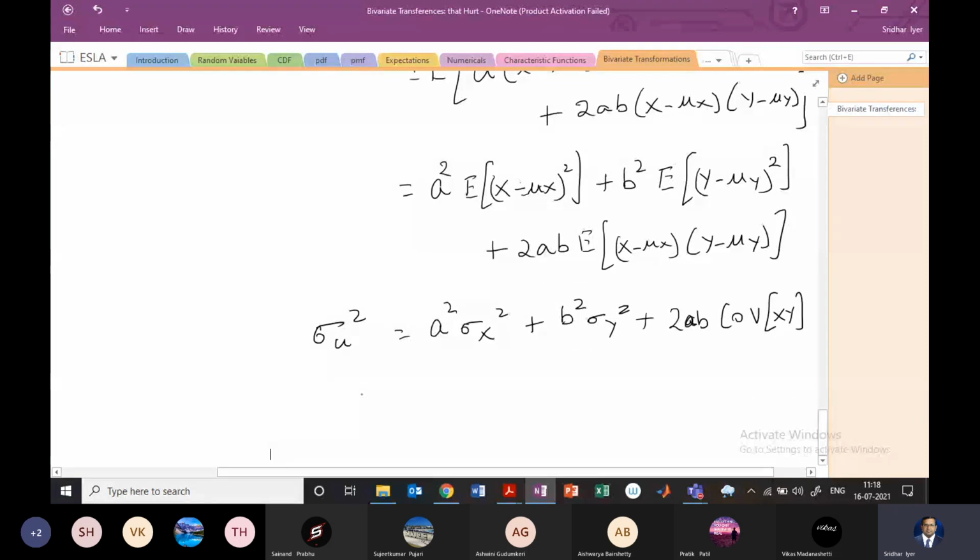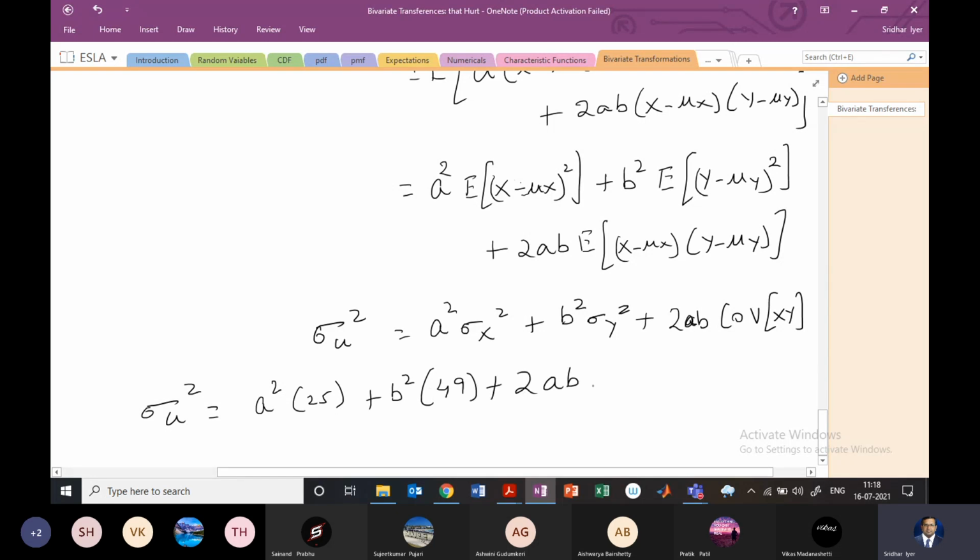So sigma u square is, let's say, a square, sigma x which is given to us is 5, so we'll have 25, plus b square, sigma y is 7, so sigma y square is 49, plus 2ab, and there is a covariance value.